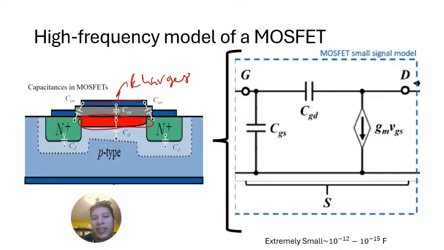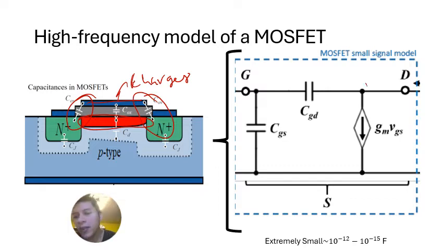Now, as it turns out, that double layer of charges is actually a capacitance. So there's a capacitance between the gate and the source, and there's a capacitance between the gate and the drain.